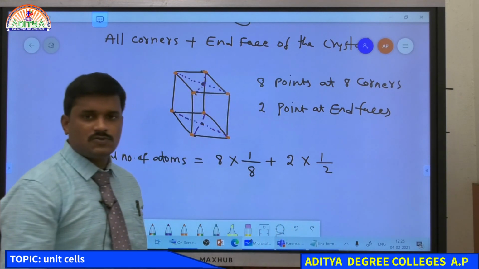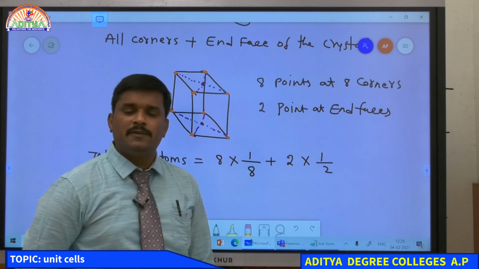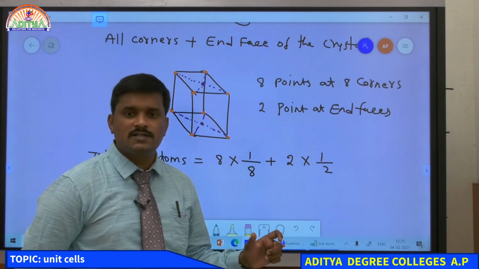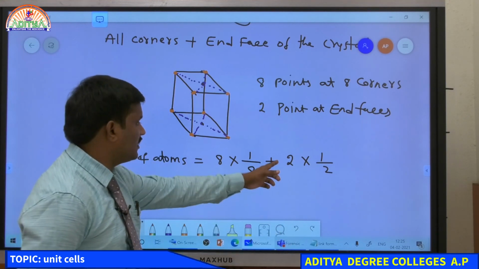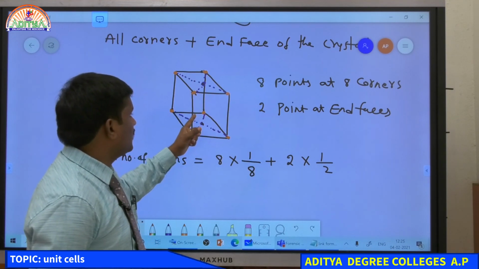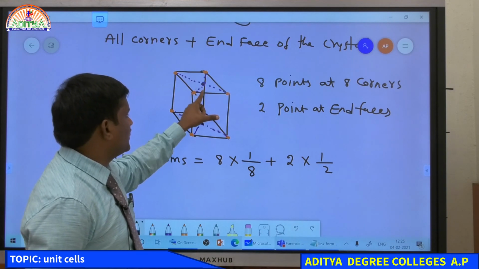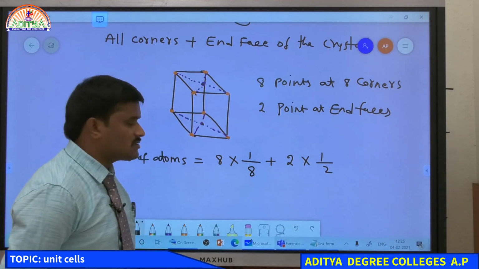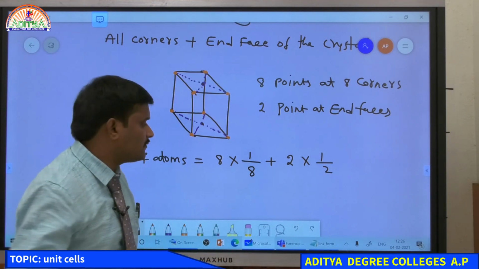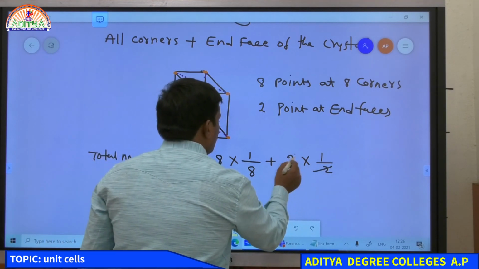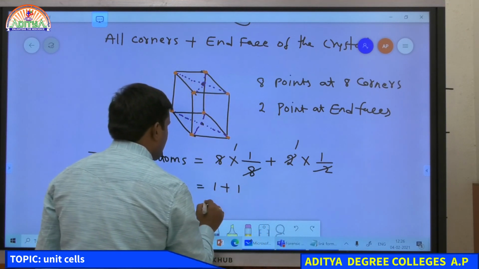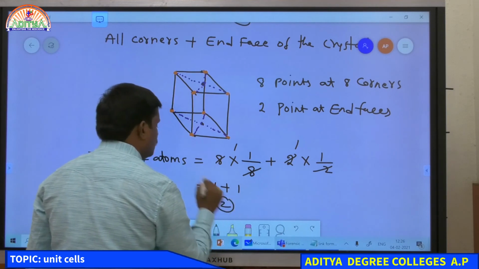Similarly in FCC, the points present at a face each contribute 1 by 2. So similarly here, these are the 2 points present at faces, but the contribution of a point present at a face for a single unit cell is 1 by 2, because each face is shared with another face. Therefore it is 1, and again this is 1. Therefore the total number of points present in the end face centered unit cell is equal to 2.